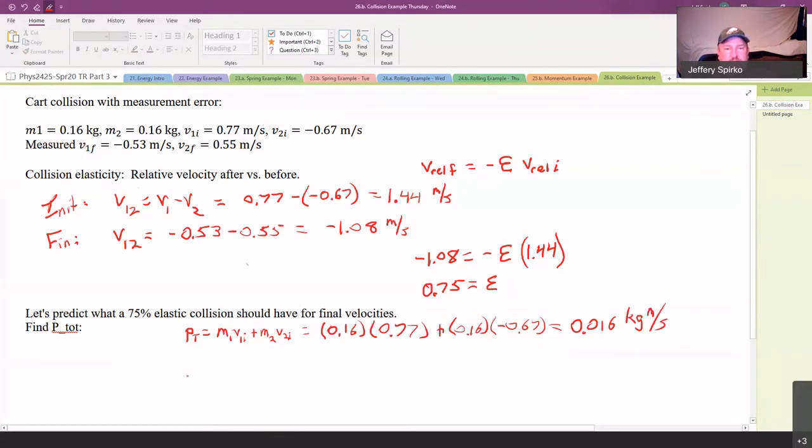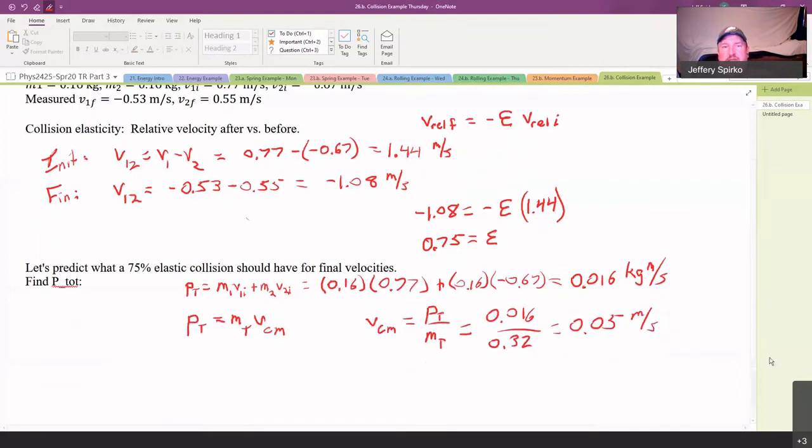So then what do we do with that total momentum? The total momentum is m total times v center of mass. So v center of mass, which is like a collective velocity for both objects, but it's not the relative velocity, this 1.44, it's kind of an average velocity, is p total over m total, which is 0.016 over 0.32, which is 0.05 meters per second.